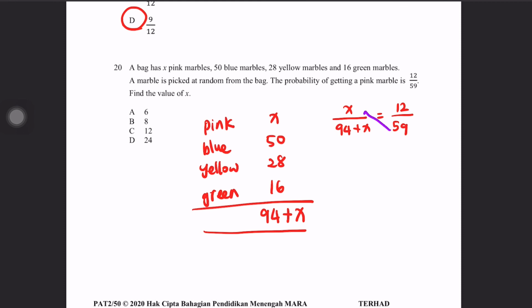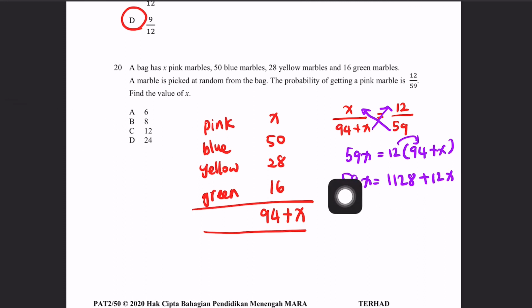Okay, so 59X is equals to 12 times 94 plus X. So we have 59X, 12 times 94, 1128 plus 12X.